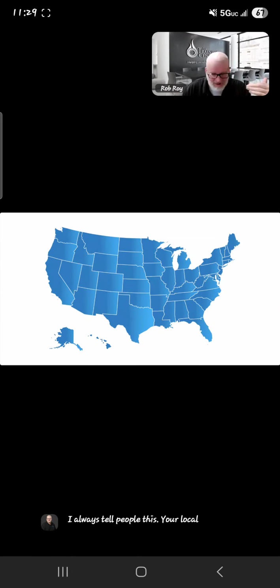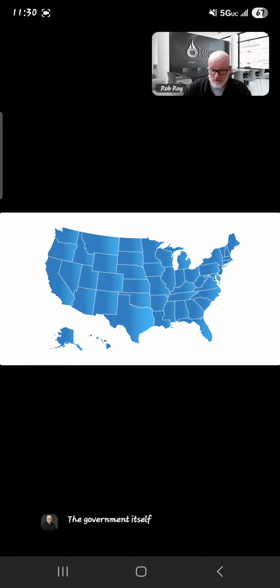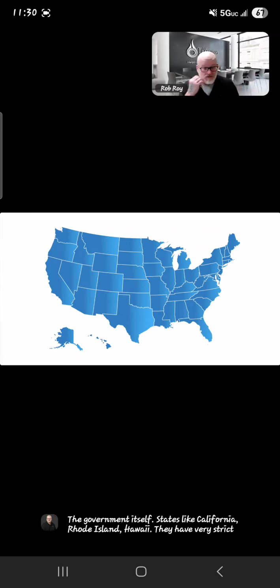So when we talk about the regulations, the Clean Air Act, the SNAP program, the Montreal Protocol, I always tell people this. Your local state can have more stringent rules and regs than the government itself. States like California, Rhode Island, Hawaii, they have very strict conservation laws.